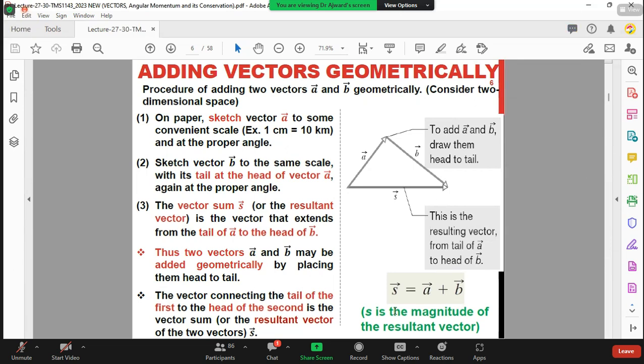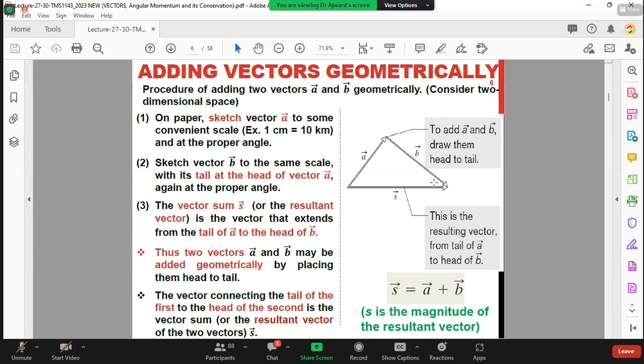Here, the length of S is the magnitude of the resultant. For example, if 3 Newtons is acting along this vector A, and this vector B may be 5 Newtons or 4 Newtons, then the resultant would be whatever length comes out of your graphical method.